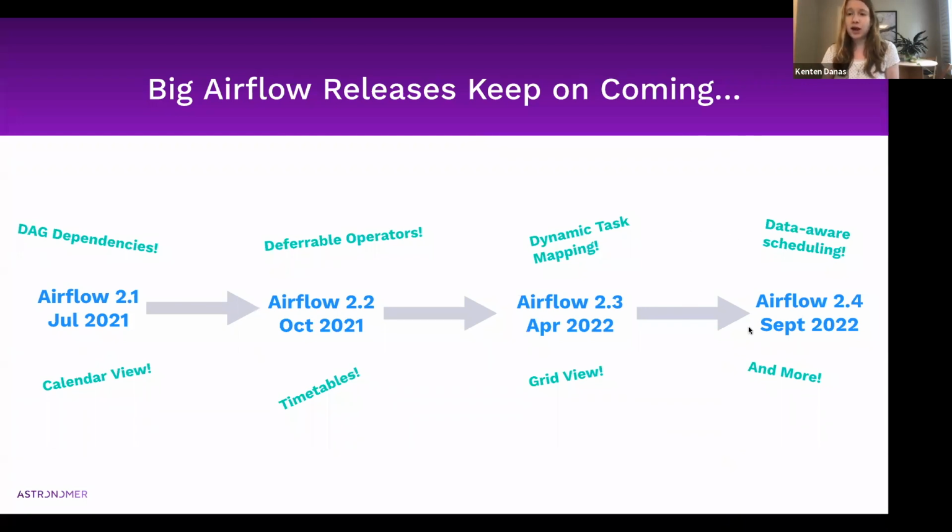We covered what was new in Airflow 2.2 and 2.3 within the last year. Those included some really cool features like deferrable operators and dynamic task mapping. Airflow 2.4 again was released in September and has one big new feature, and then builds on a lot of the progress that was made in these other releases.